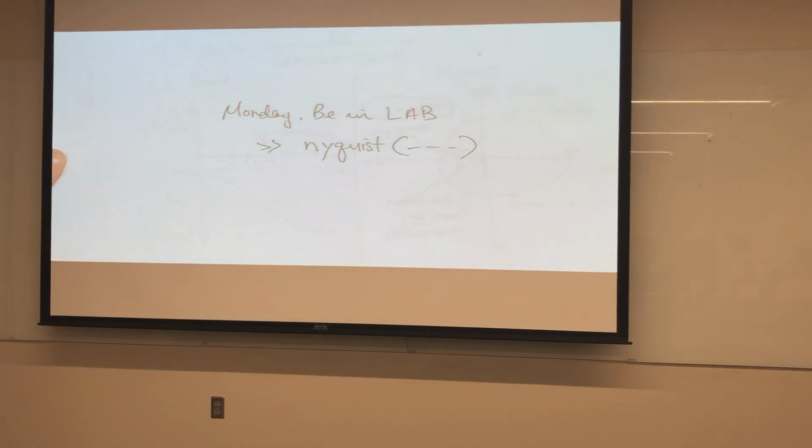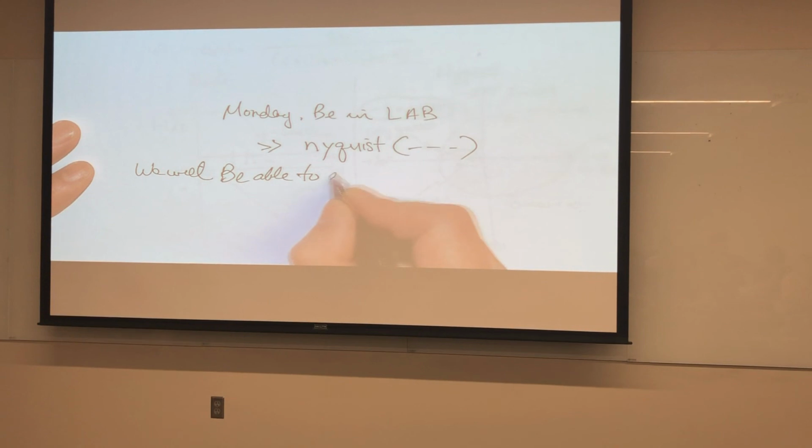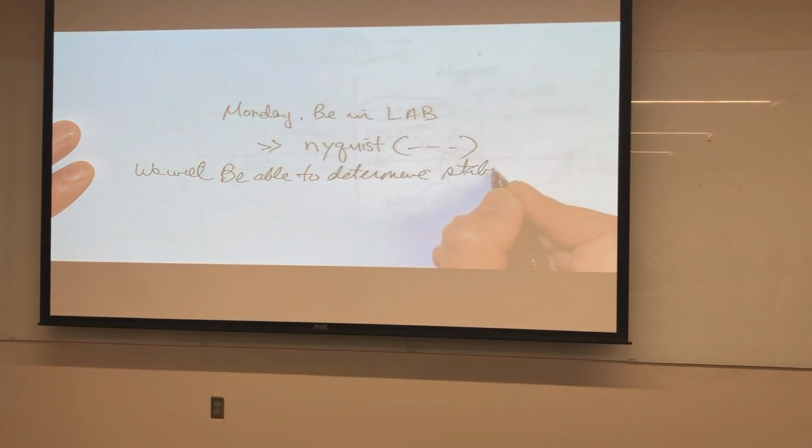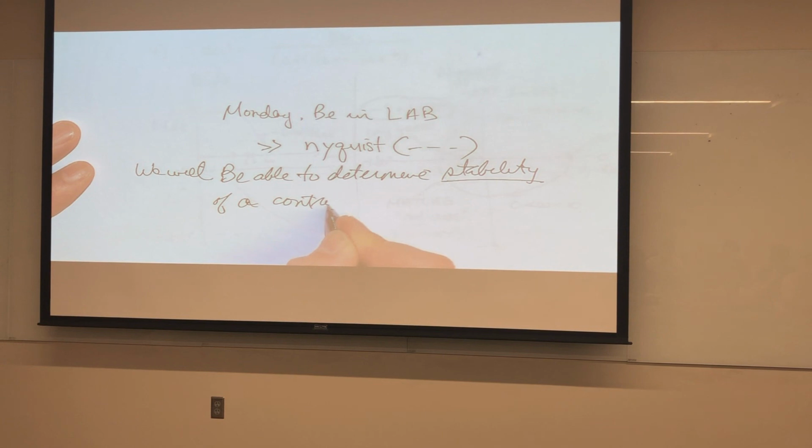The Nyquist plot is also going to be able to tell us, will let us determine, the stability of a control system, a feedback system.